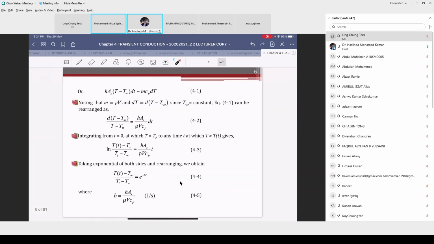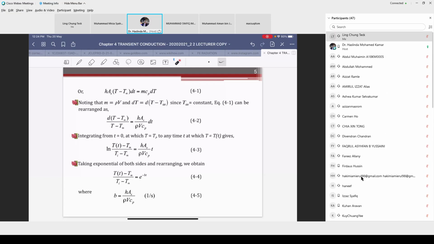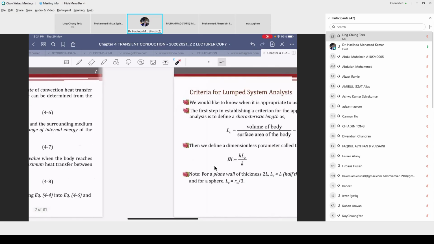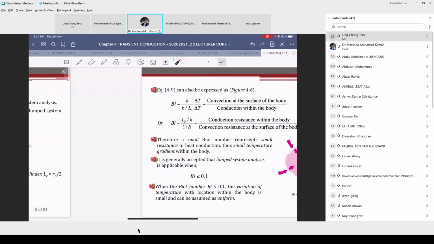Thank you for your question. The property to measure whether lumped system analysis is suitable to be used for a solid medium, we call it the Biot number. Saya tunjuk dulu, nanti saya akan patah balik. This is the Biot number. We have to check whether your Biot number is within a certain range.